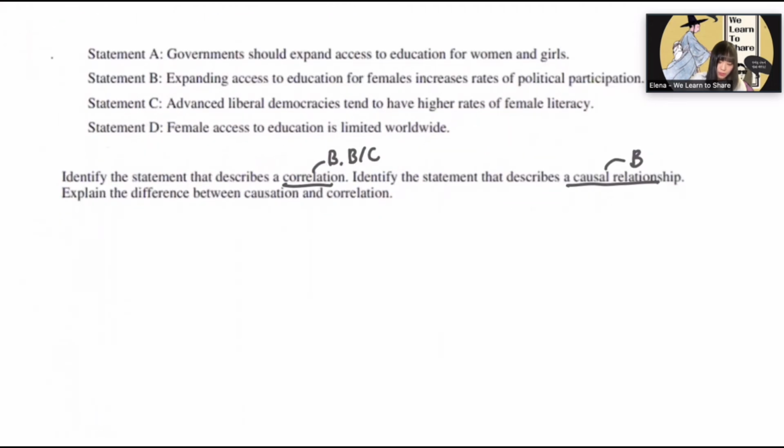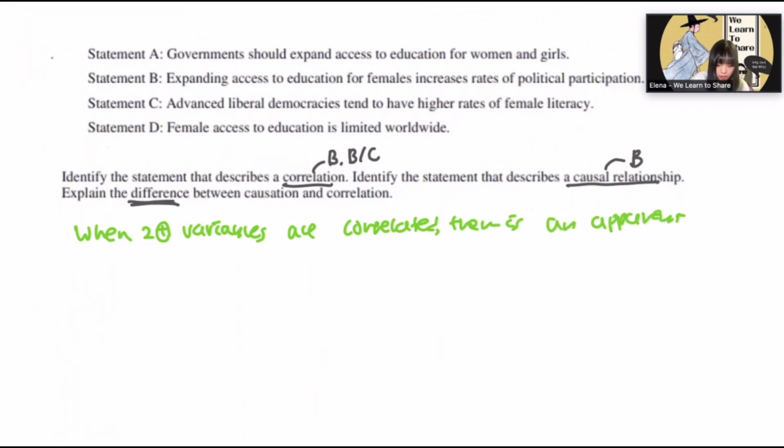And over here, you need to explain the differences between causation and correlation. I would strongly recommend you not to only mention the mere definitions of causation and correlation, but actually explain the difference, compare and contrast these two. So you would like to have a comparison word like whereas, however, or on the other hand. And let me write you a simple answer for this. Let's say that when two or more variables are correlated, there is an apparent association between them.